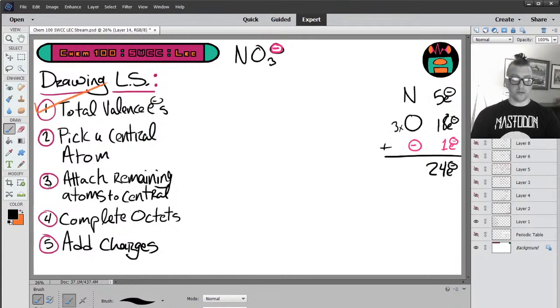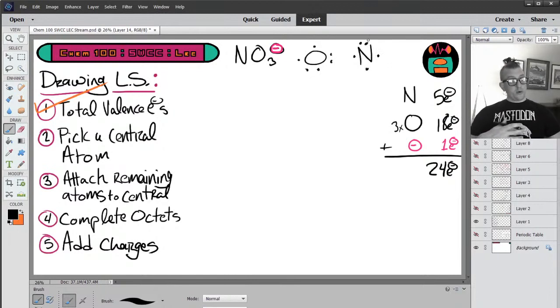Next, we got to pick a central. Our choices are oxygen, whose Lewis dot structure has 2 unpaired electrons, and nitrogen, whose Lewis dot structure has 3. We know the more unpaired electrons, the more bonds it likes to make. So we're going to roll with nitrogen as our central atom.